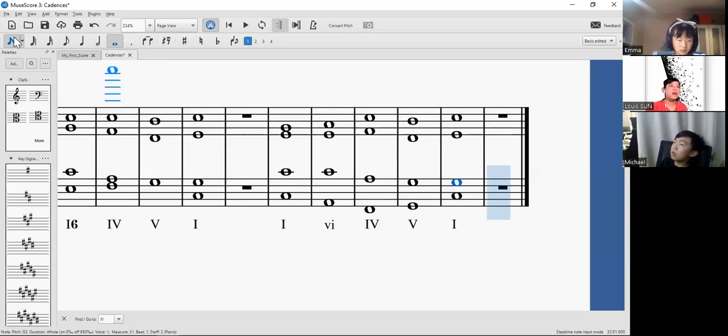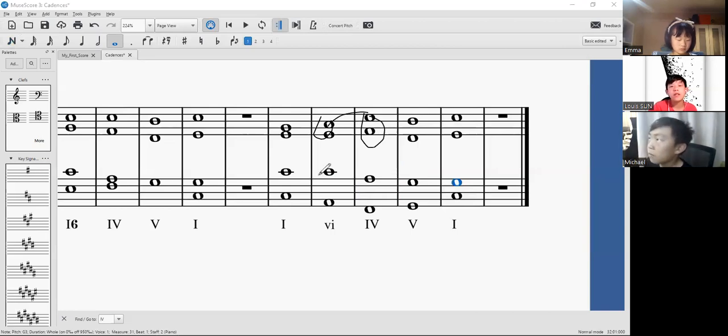Let's listen to how this sounds. Firstly, check that there's no consecutives. The optimal way to check for consecutives is that you look at anywhere and everywhere where voices are moving in similar motion. Like for example, here, voices moving in similar motion, and here, voices moving in similar motion.